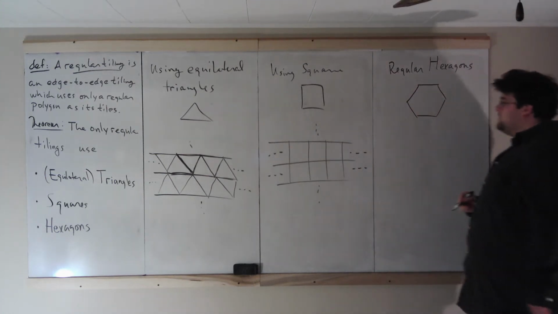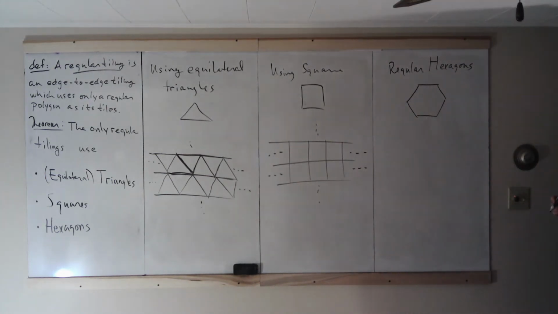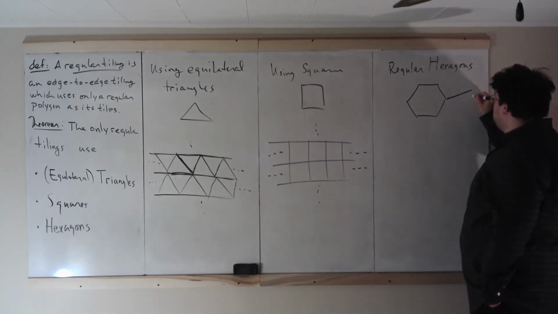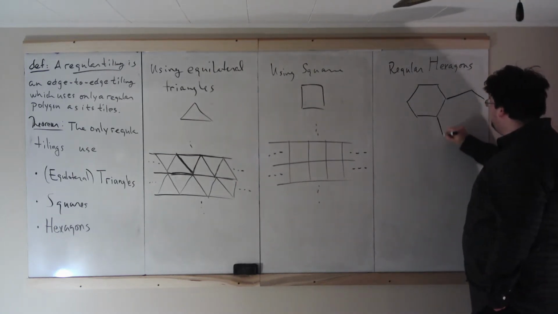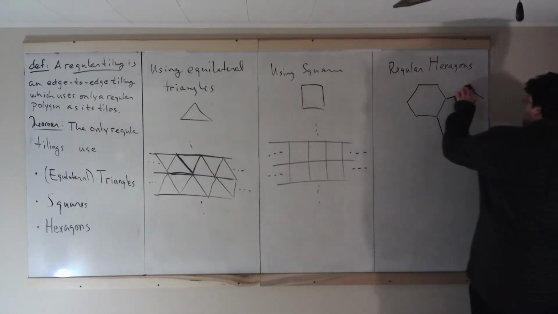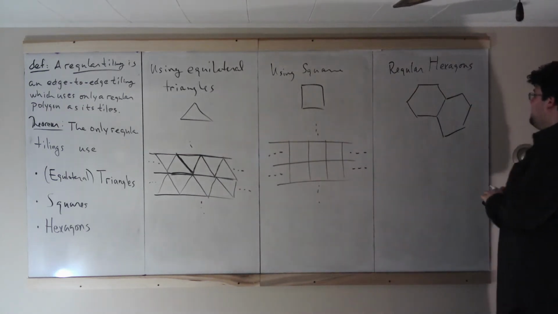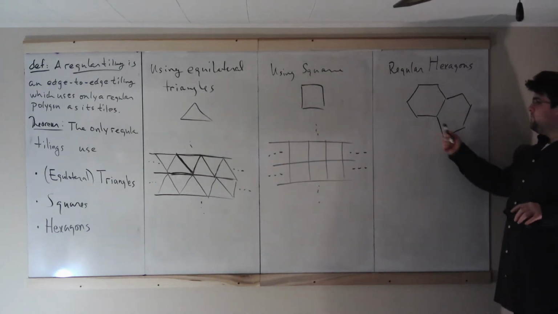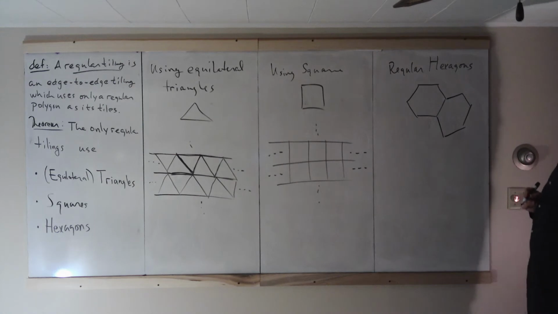Yeah, I will. There's not much room on the board. Take that regular hexagon, and what we're going to do is just put another hexagon next to it, like this. Great, there's another regular hexagon. And what we're going to do is see if we can fill this piece in with another regular hexagon.